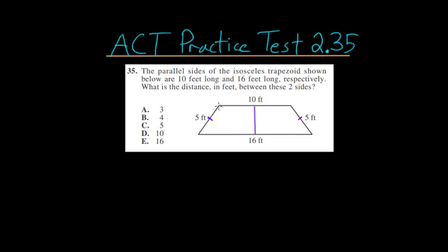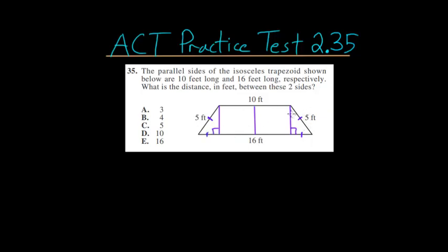So if you were to drop perpendicular lines here and here, you can essentially form two right triangles. So these are going to be right triangles, and all we have to do is figure out what this length here and this length here is.